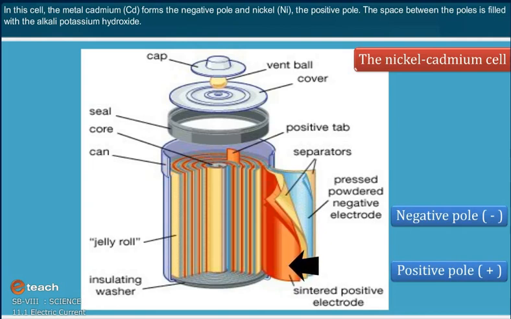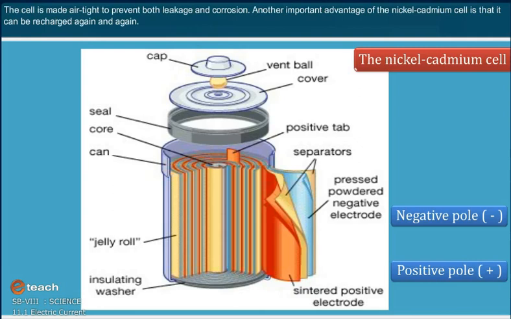The space between the poles is filled with the alkali potassium hydroxide. The cell is made airtight to prevent both leakage and corrosion. Another important advantage of the nickel-cadmium cell is that it can be recharged again and again.